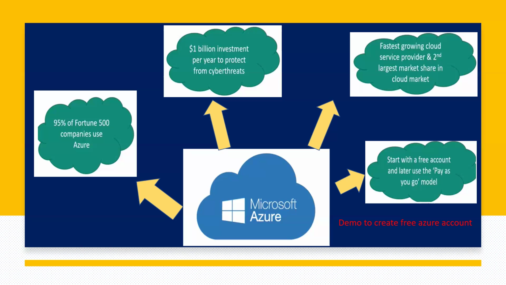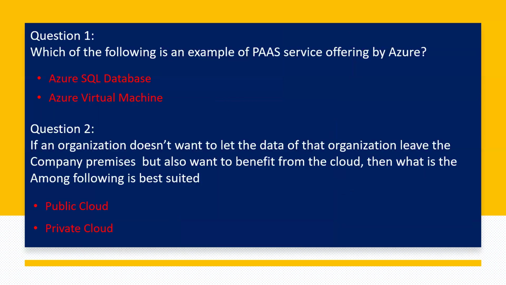So you can share it among yourselves. One person creates an account and shares it. Once the first account expires, the second person creates another account. In that way you can create accounts one by one, until you complete your hands-on experience, using the free trial account. I will guide you on how to create that.